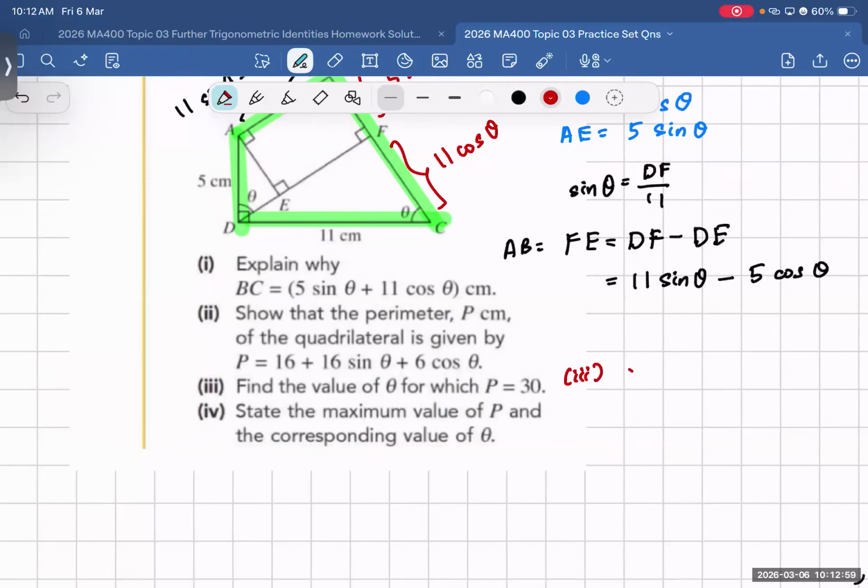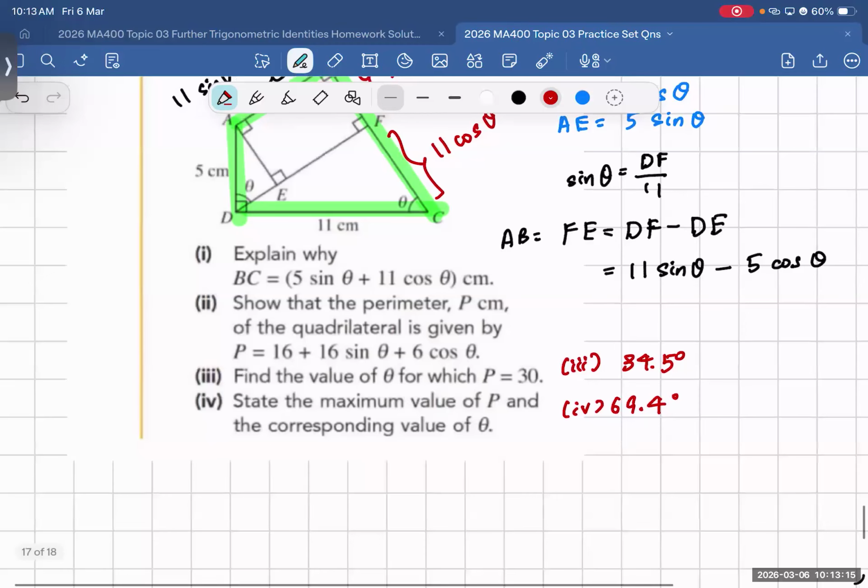The answer is 34.5 degrees. For part 4, the answer is 69.4 degrees. Part 3 and 4 are very standard. You go to any assessment book, you find the question. Try to evaluate. Usually we don't consider inverse trigo as an exact form, but it's an inverse trigo, so we try to evaluate.